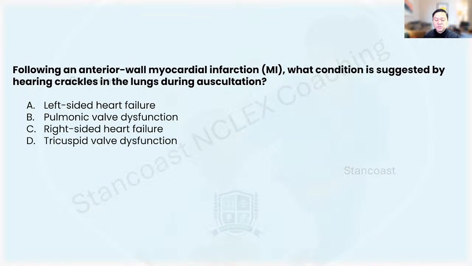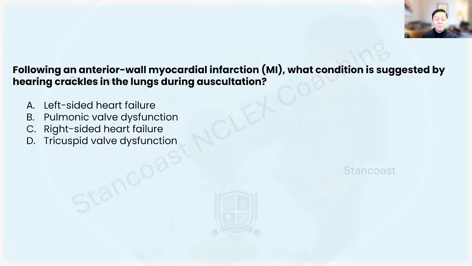Question number 2. Following an anterior wall MI, what condition is suggested by hearing crackles in the lungs during auscultation? Again, following an anterior wall MI, what condition is suggested by hearing crackles in the lungs during auscultation? Is it because of A, left-sided heart failure?